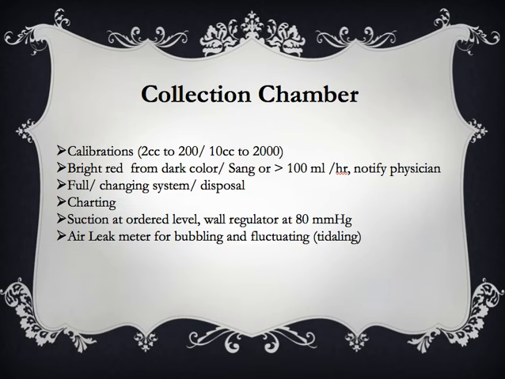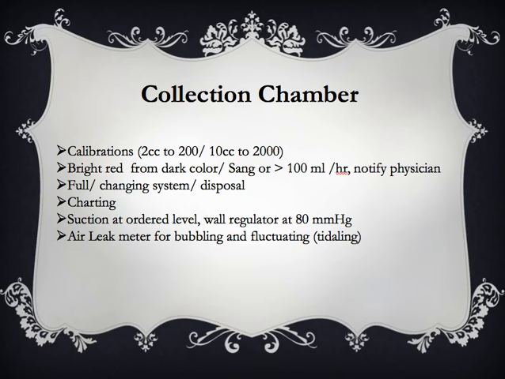Any bleeding that is greater than 100 mL per hour is considered a hemorrhage, and you want to notify the physician or the nurse practitioner of that. Now keep in mind, if your patient has been laying on the opposite side all night and sits up or changes positions, you may have a large amount of fluid drain simply with position change, but it shouldn't be bright red blood, it should be old blood, and it should diminish quite quickly.